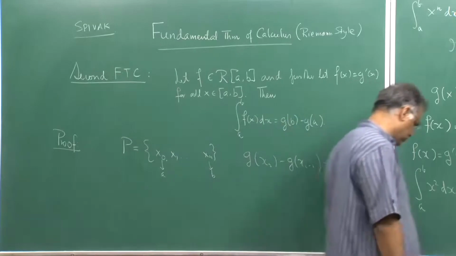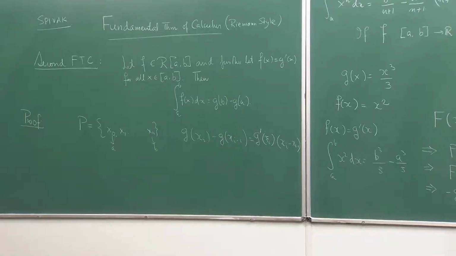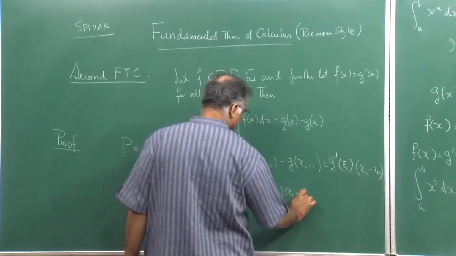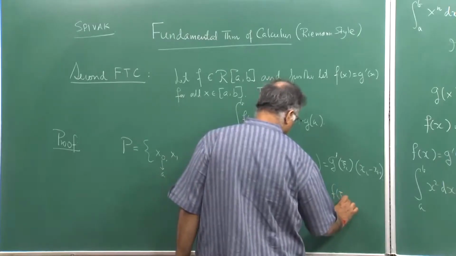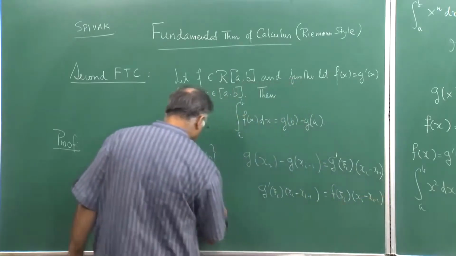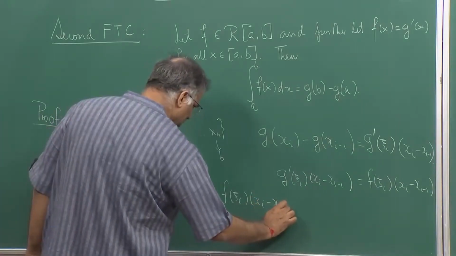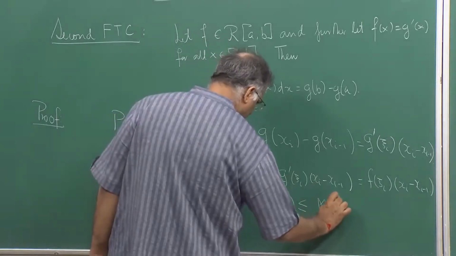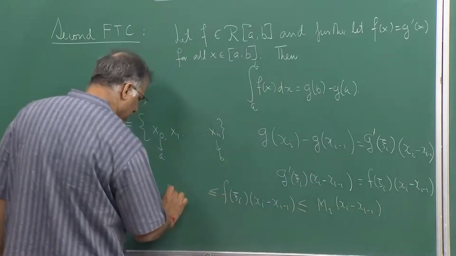So, what is g dash x? g dash of xi_i times (x_i minus x_{i-1}) is nothing but f of xi_i times (x_i minus x_{i-1}), and f of xi_i times (x_i minus x_{i-1}) is less than or equal to M_i, that is the supremum over this interval x_{i-1} to x_i, and bigger than the infimum.